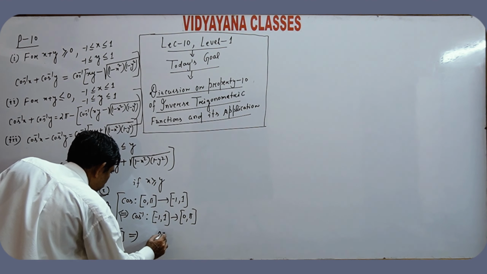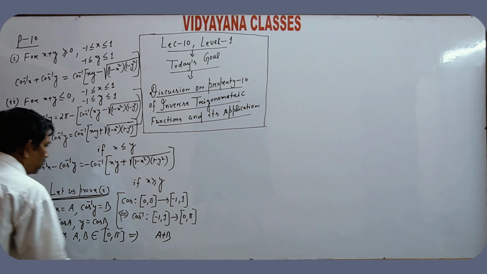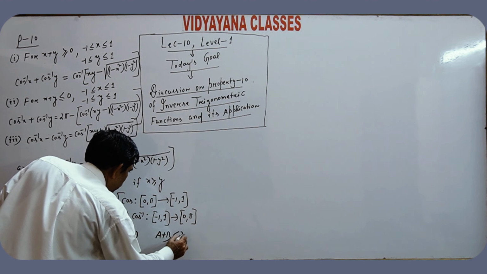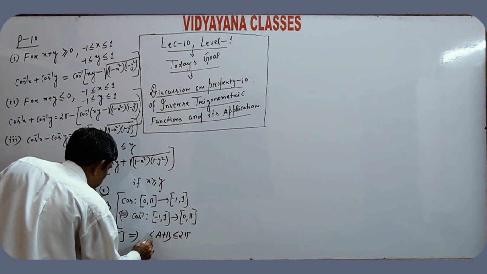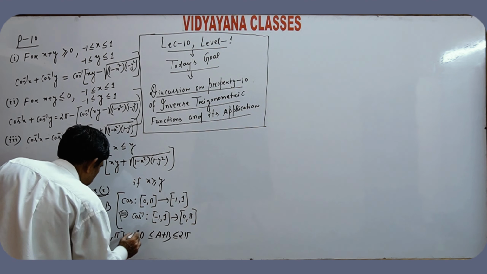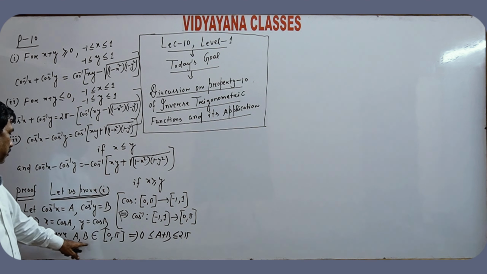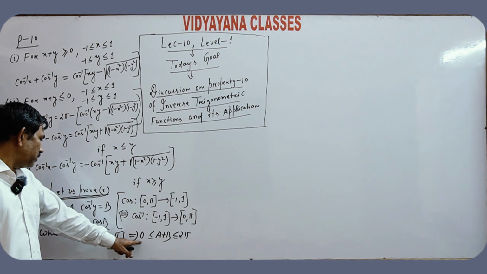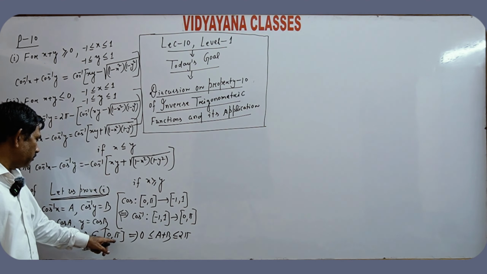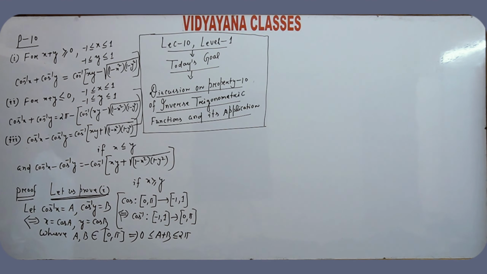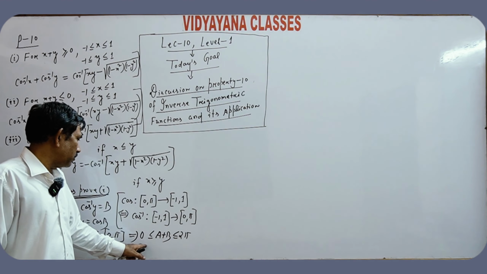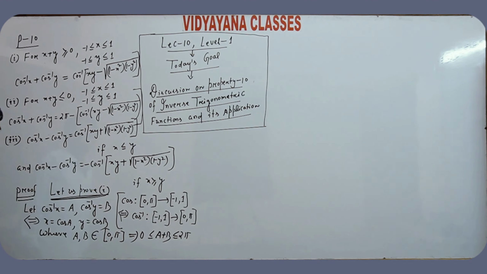The minimum value of a and b is 0, so the minimum sum is 0, the maximum value of a and b is pi, so a plus b is 2 pi. Implies a plus b is greater than or equal to 0 and less than or equal to 2 pi.